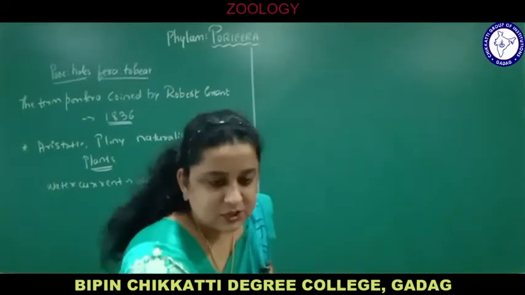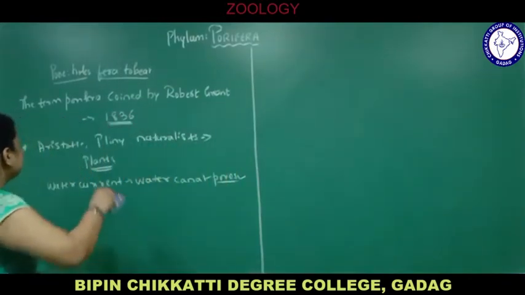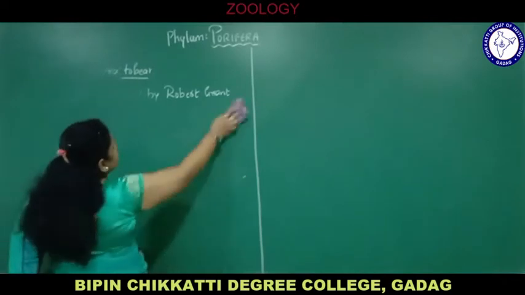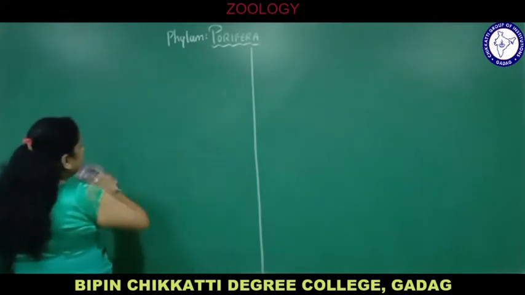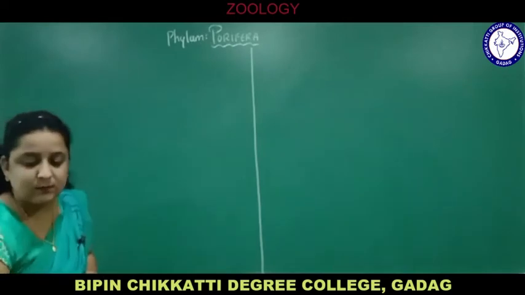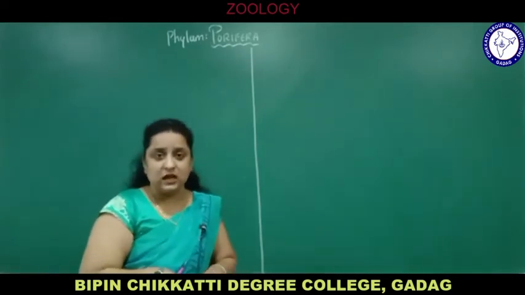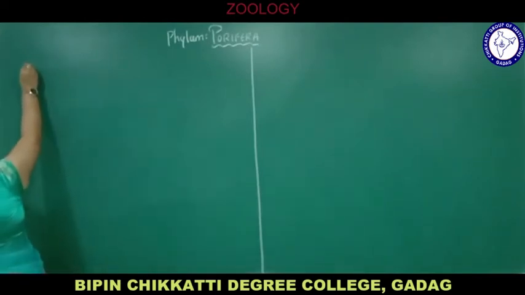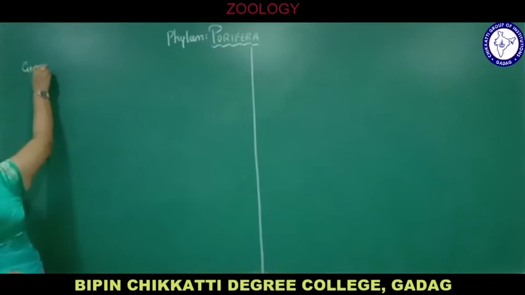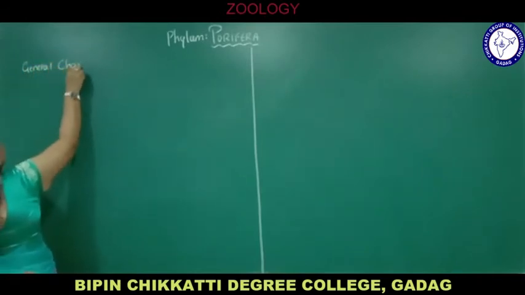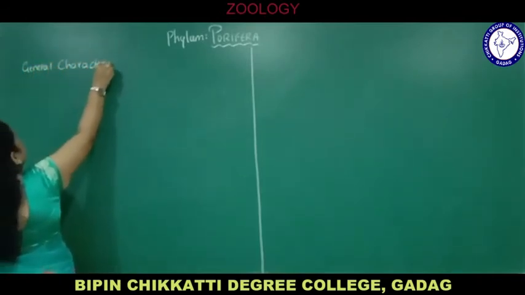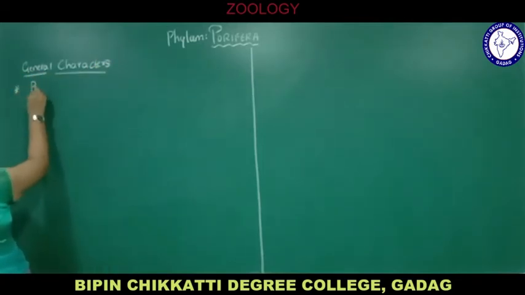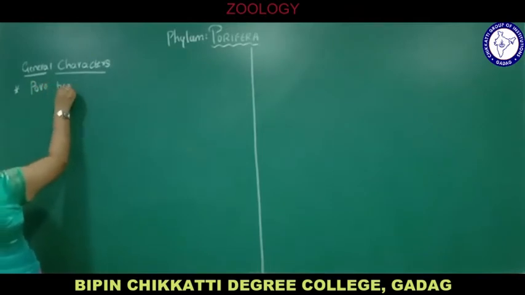Now we will see the general characters of this phylum one by one. As you know, these poriferans are usually found in marine water. They are exclusively marine except one, that is Spongilla, which is a freshwater sponge. First point: they are pore bearing animals.